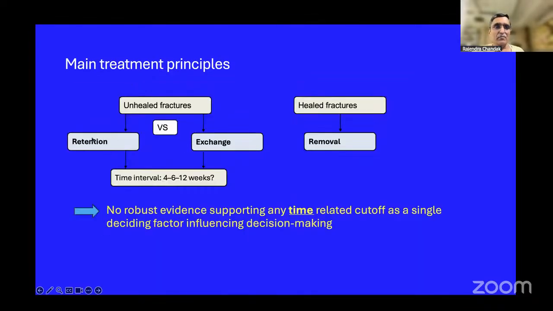So when we are managing an infection after nailing, if the fracture usually would be unhealed, then we would be using in acute phase the implant retention if it is a well fixed nail, a nicely done nail, a nail which is giving good stability. Then we try to maintain the nail, same internal fixation device, and we try to control infection.